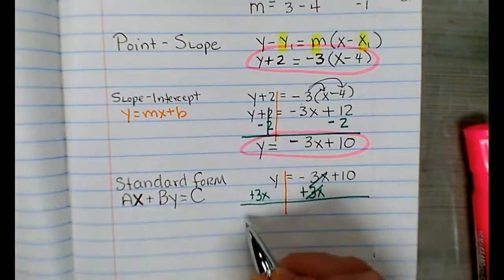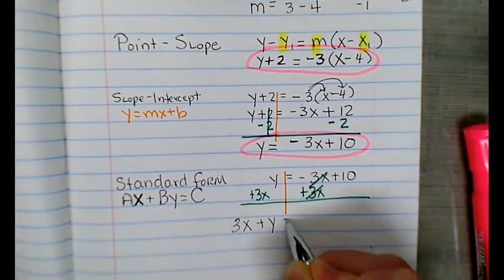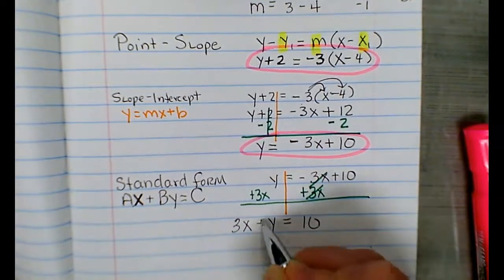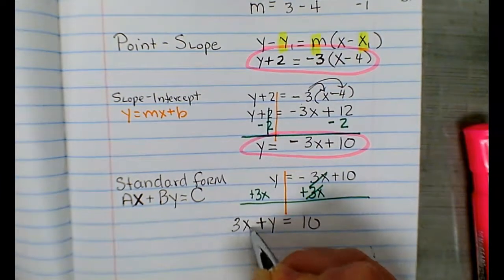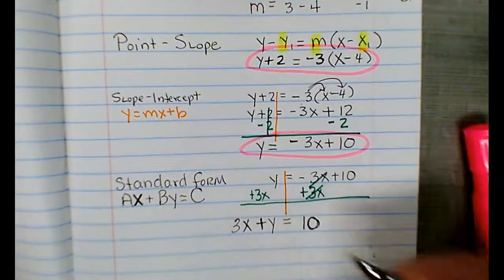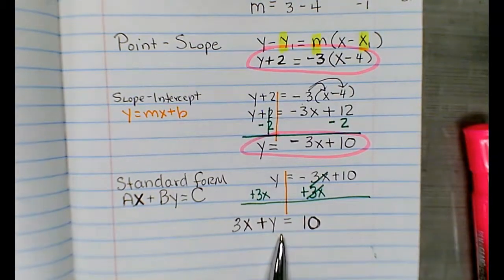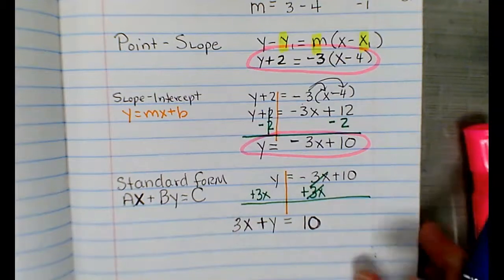These are not like terms. So we have the 3x and we have the plus y, and it's equal to 10. Is that in standard form? Standard form has x and y on the left. It has all whole numbers, and this number must be positive. That's good to go.